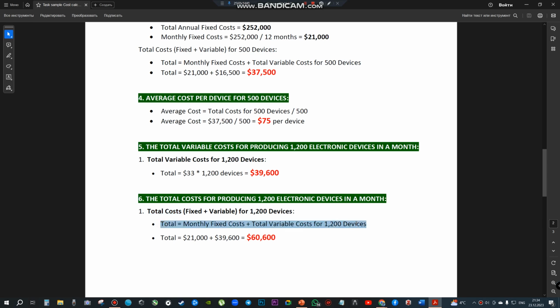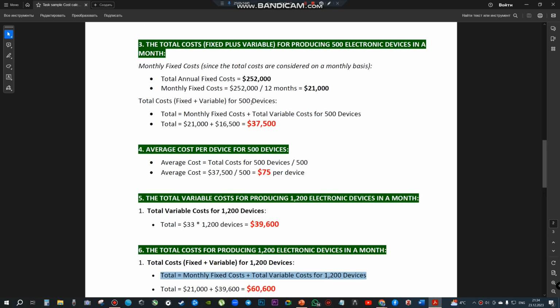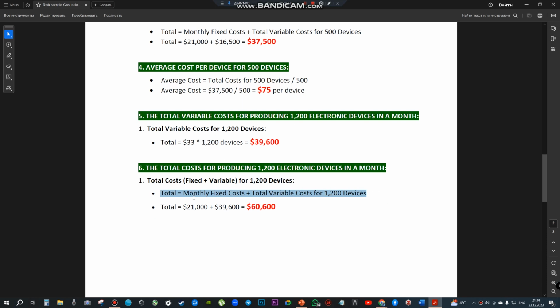So it's a pretty similar process to what we did within step number 3. Monthly fixed cost plus total variable cost for 1,200 devices. We already know this number, this one, and we already know this number we calculated within step number 1. By summing up all of these numbers, we receive $60,600. Pretty easy.